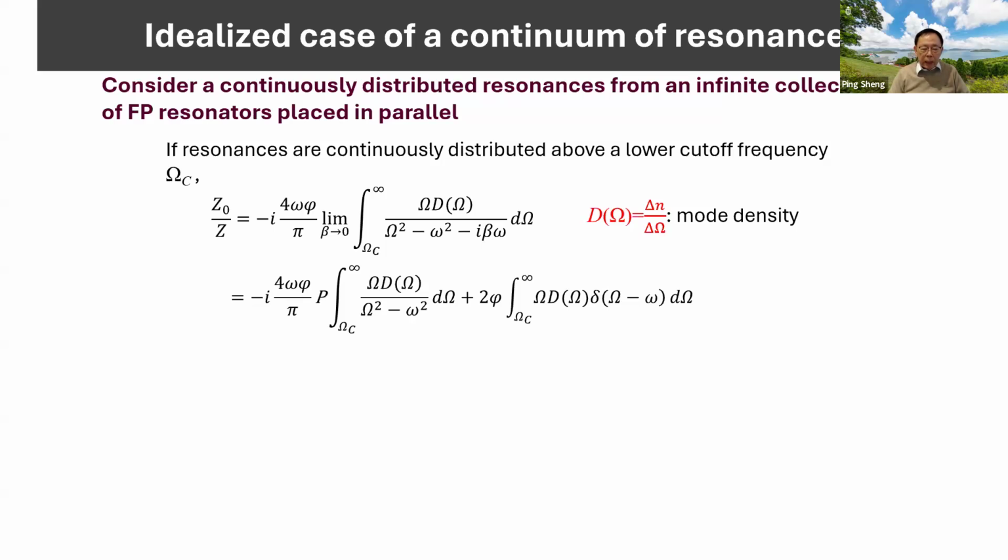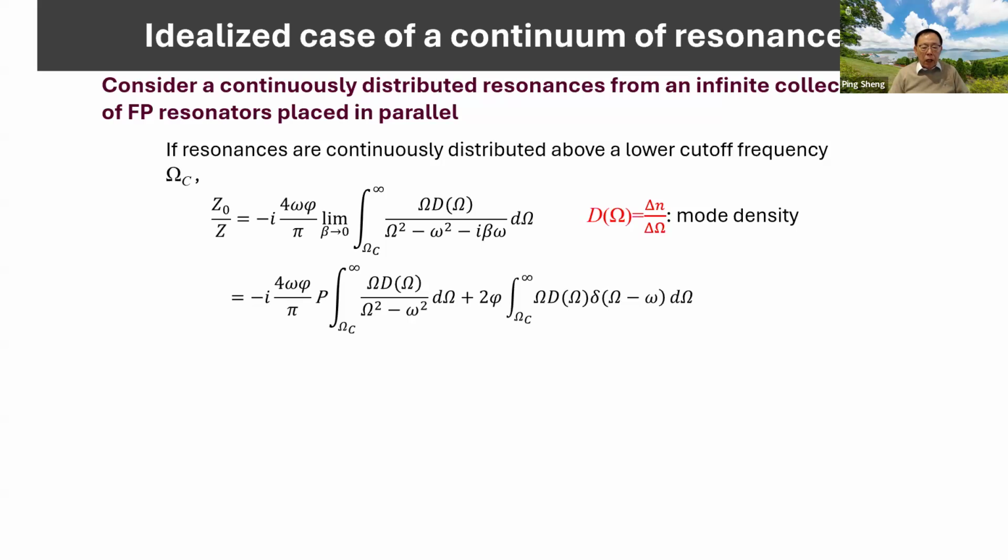So you can expect the oscillating integrand usually integrates to 0 very fast. And here we will always assume there is a lower cutoff frequency, because from the causality constraint, we know that the absorption cannot go to 0 frequency. So we want to impose a lower cutoff frequency, the big omega C.